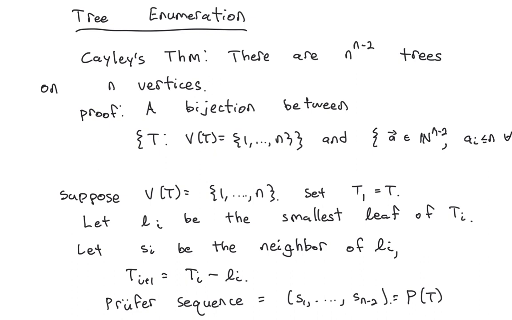Note here that the leaves are numbers, so we can talk about the smallest such leaf. We're going to let Si be the neighbor of that Li. And then we're going to remove that leaf to get the new tree Ti plus 1. And then we're going to keep doing this. We're going to let L2 be the smallest leaf of T2, S2 be the neighbor of L2, and then remove L2. And then the Prüfer sequence is the sequence of the neighbors of our leaves.